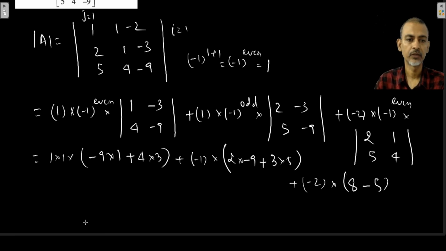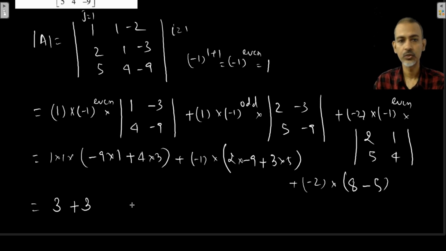So now we will have what? We will have 1 into 1, this is minus 9, this is 12, 12 minus 9 is going to be 3, then here we have minus 9 to the 18, and then we have 15, so this is minus 3, and then there is already a minus over here, so that will be plus 3, and then this is minus 2 into 8 minus 5 is going to be 3, this is going to be 6, this is 6 minus 6, and this is going to be 0.